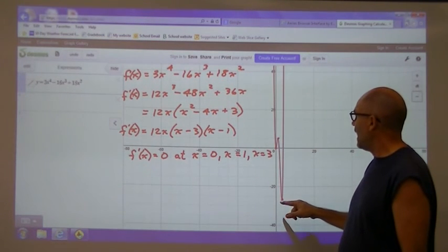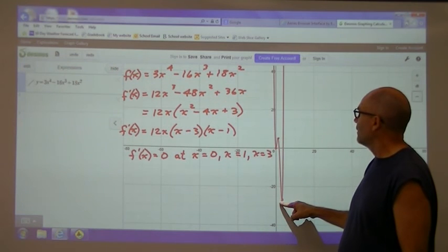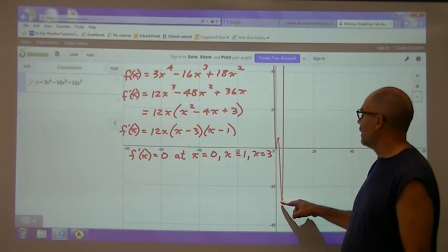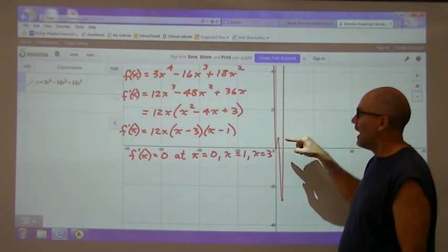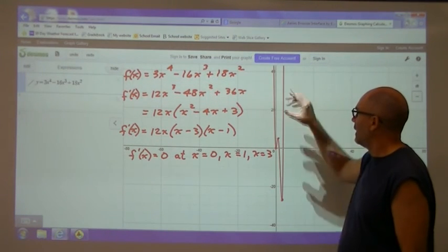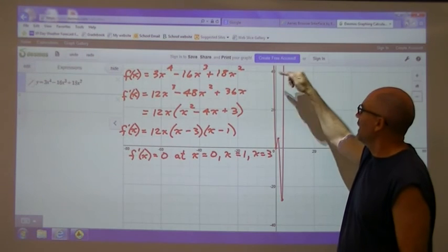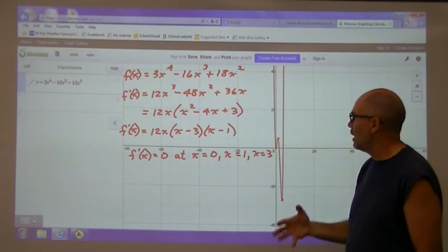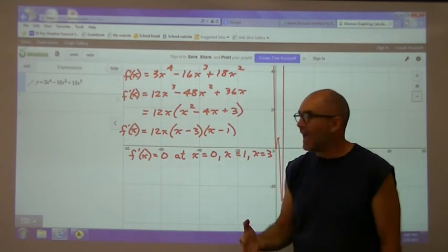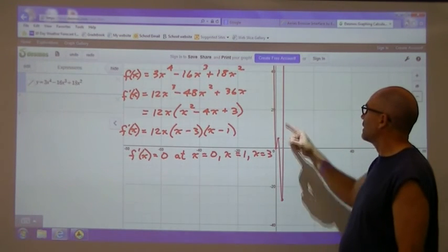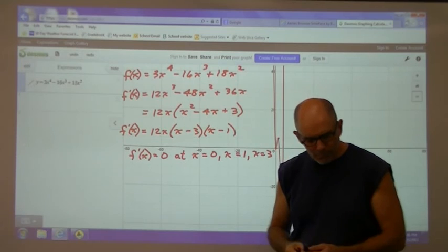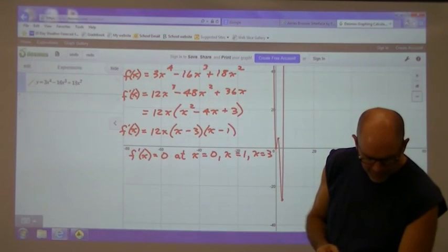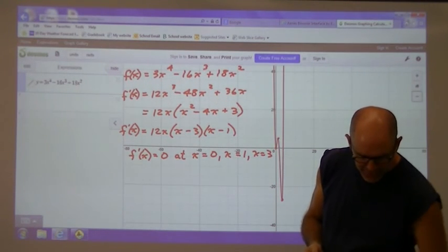So that makes x equals 3 the location of the absolute min, and x equals -1 would be the location of the absolute max, because the relative max doesn't compare with the endpoint maxes. So that's basically what we're doing in this chapter.